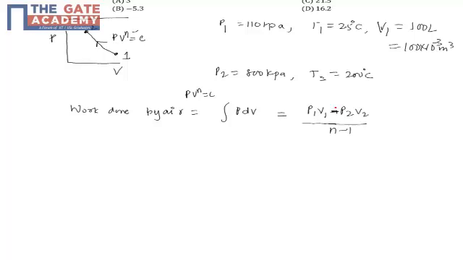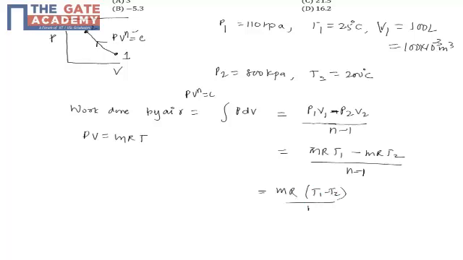Now we need to get a couple of things here, but it is given that it's an ideal gas, so PV can be written as mRT. So using that fact, I can write P1 V1 as mRT1 minus mRT2 by n minus 1, and that can be written as mR(T1 minus T2) by n minus 1.